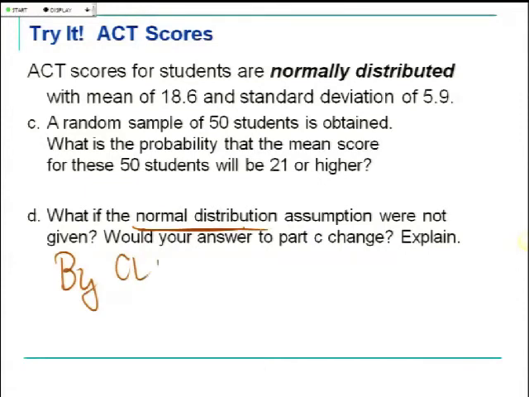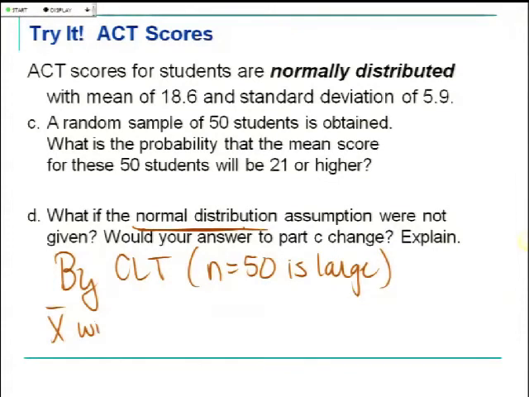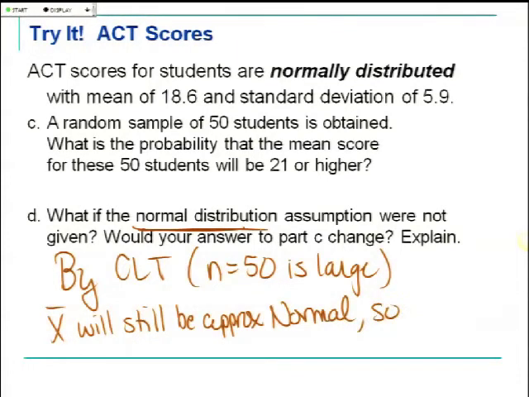By the central limit theorem, we have n here of 50 is large. X bar will still be approximately normal. So our answer is approximately 0.002 for part C.